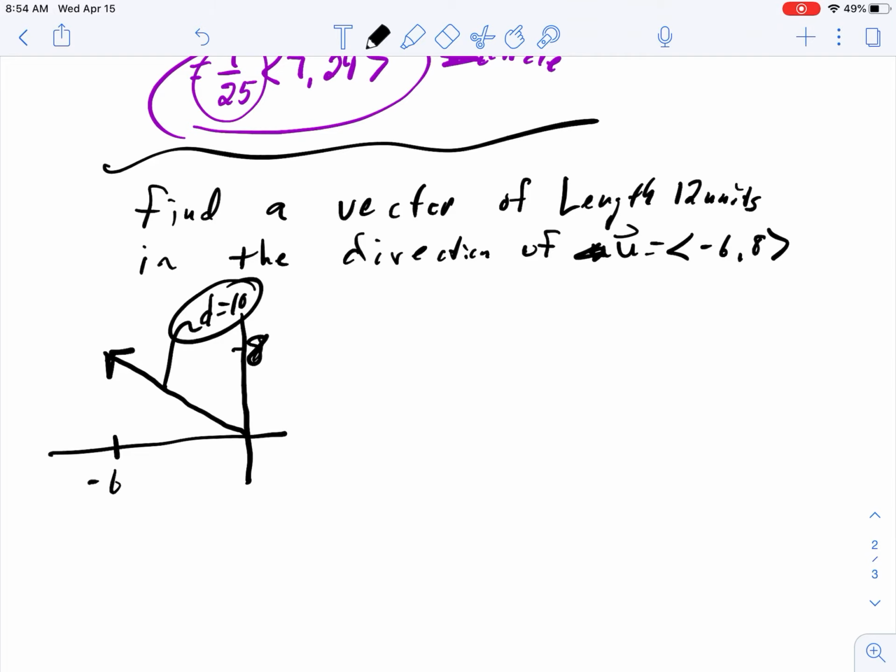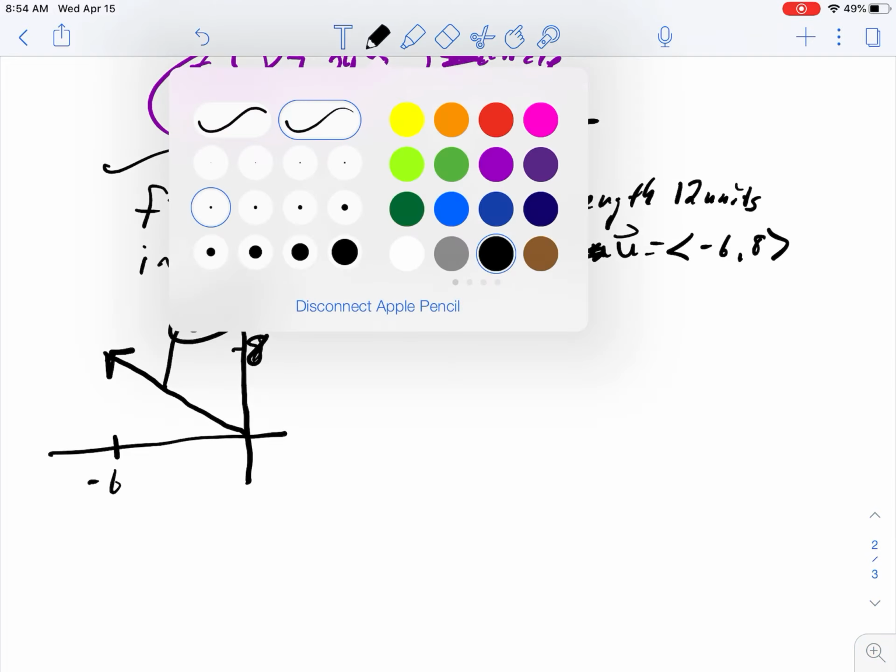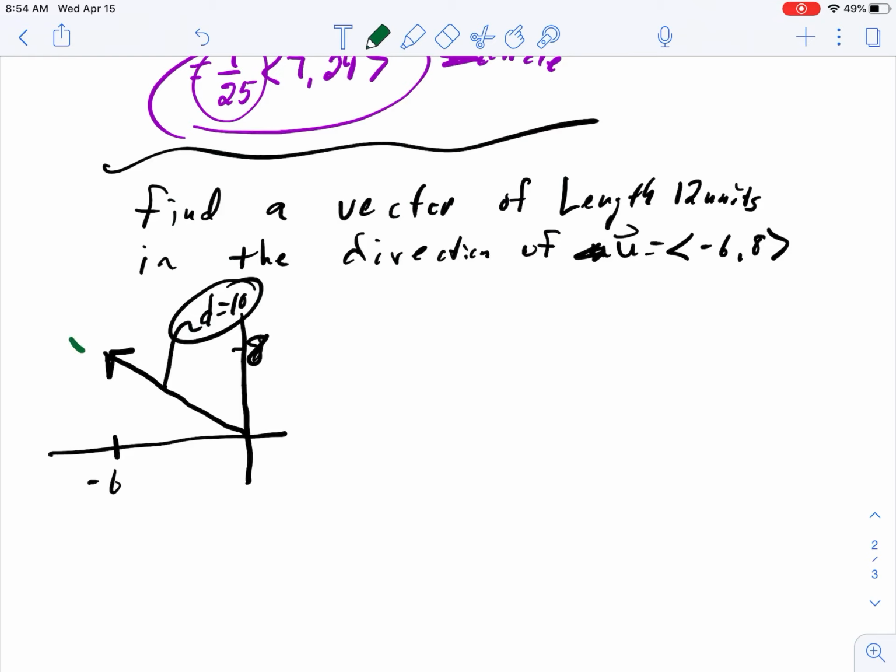Okay, I want to find the vector out here, so my distance is 12 units. What would be my components of that?